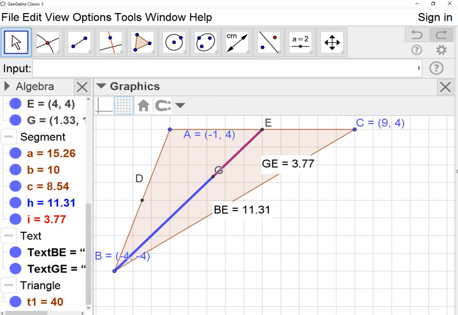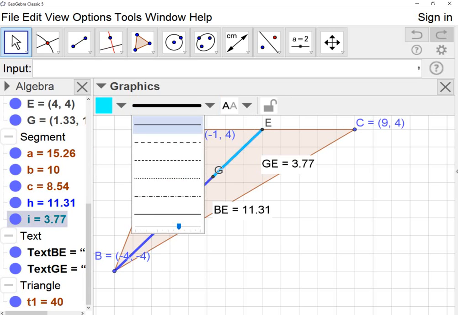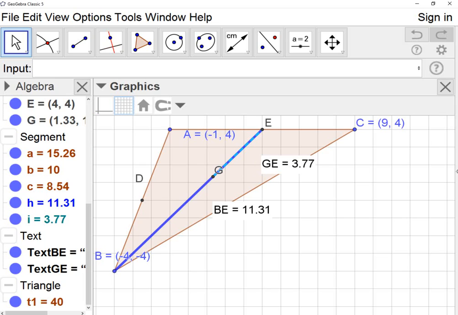Can you see that the blue one is the entire median? Red's maybe not the best. Can you see that dotted blue there? What I'm trying to do is get you to visualize the entire median from B all the way to E, which is the dark blue one, and then from G to E, which is just that light blue dotted one.